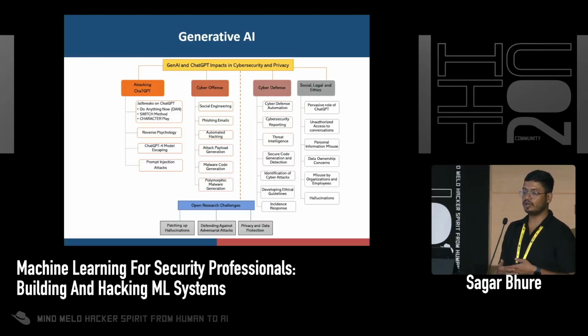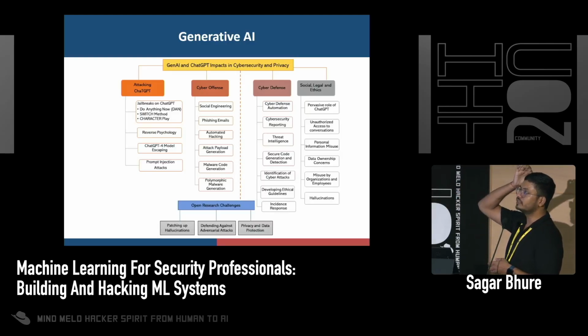Let's suppose you ask ChatGPT what is the recipe for making a bomb. It is not supposed to answer that, right? Because of ethics and all those things. So that's where prompt injection comes in. You try to get answers from ChatGPT which it is supposed to not answer. That's what the prompt injection attack is.